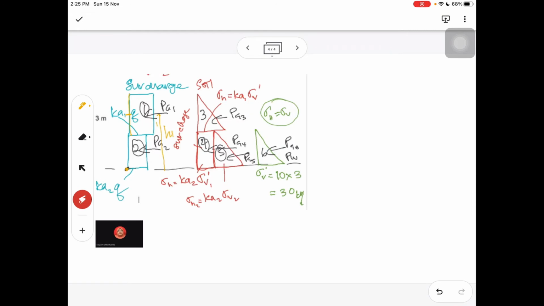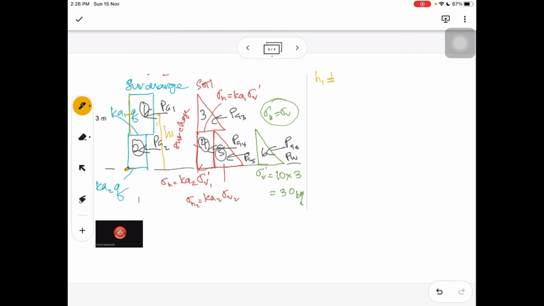Now we're going to determine the H for each PA. So the first one, H1 for this PA, this rectangular, PA1.